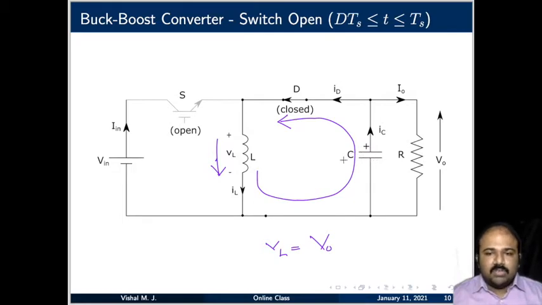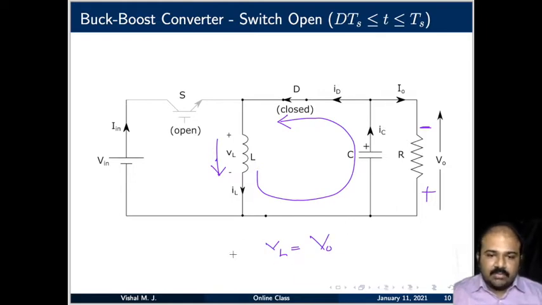This is where the relevance of the reversal of the output voltage polarity comes into play. Though inductor voltage is equal to V0, this V0 is not a positive quantity, it is a negative quantity. Remember, I told you for a buck boost converter, the output voltage has a reverse polarity. This is the way the polarity of the output will be for a buck boost converter, and it is precisely because of this reason that the volt second balance is not violated here.